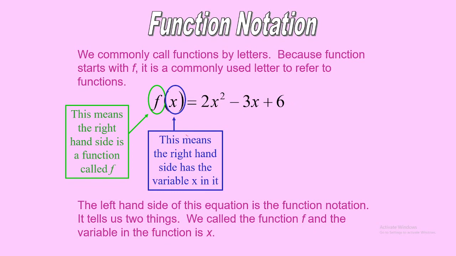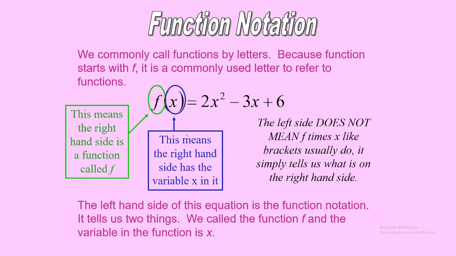If the variable is y, this will be y too. If the variable is c, then that's letter c too. So this tells me what variables constitute the right side.